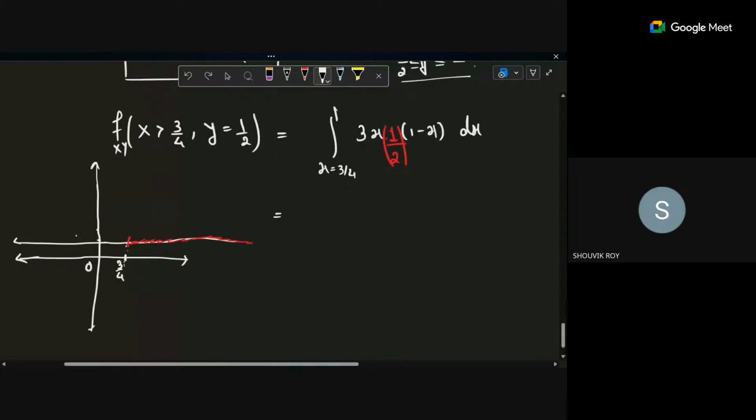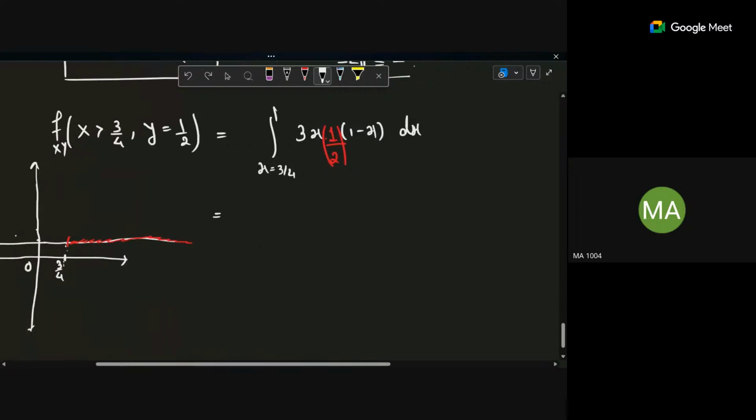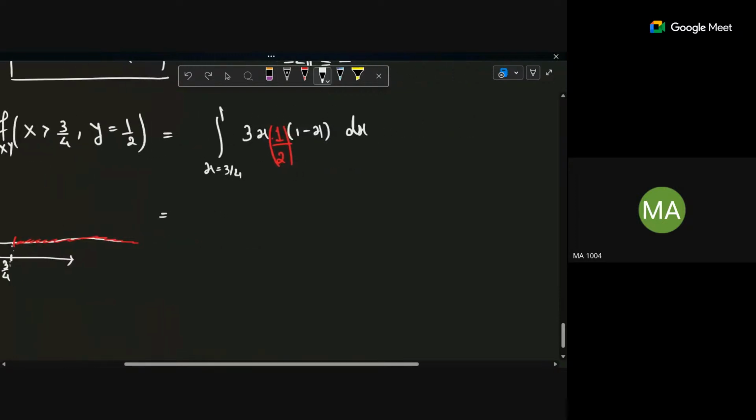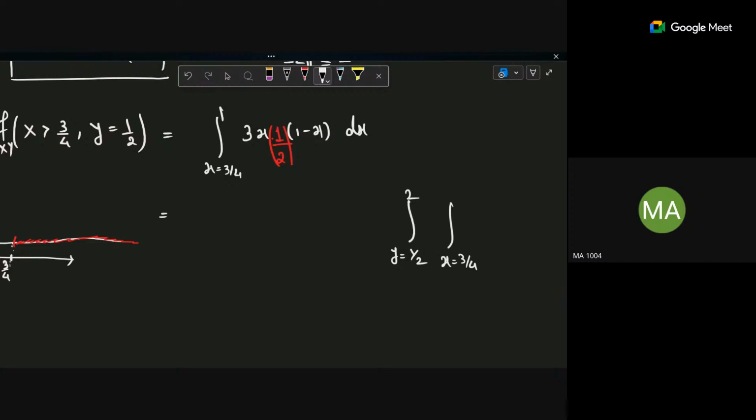But in that case, we cannot put the value of y in that equation. So we will integrate.